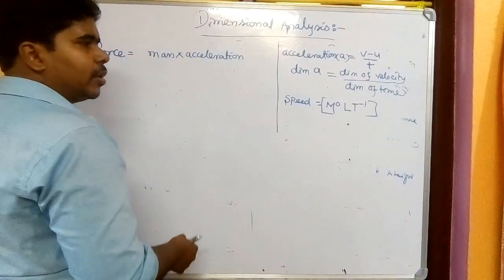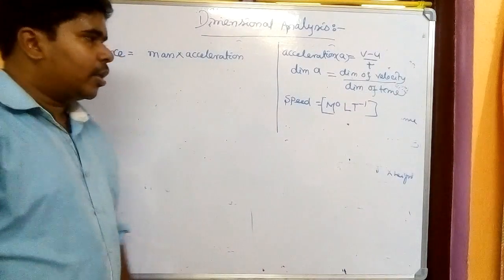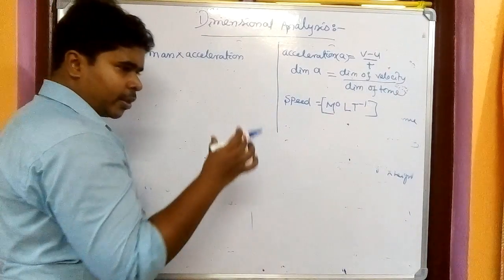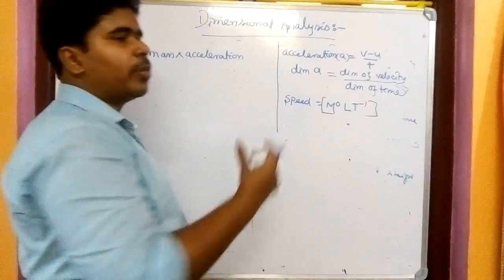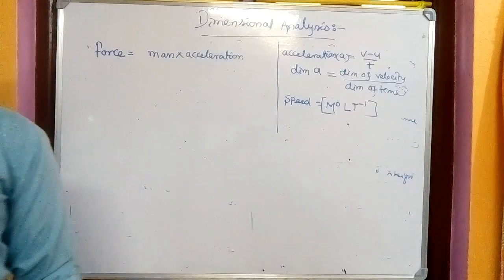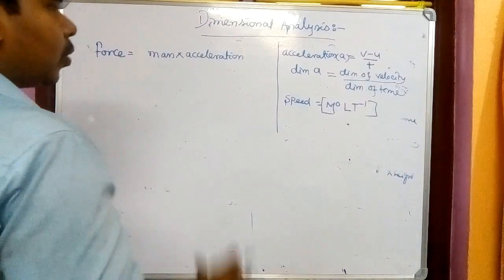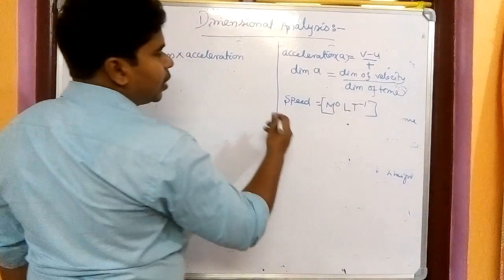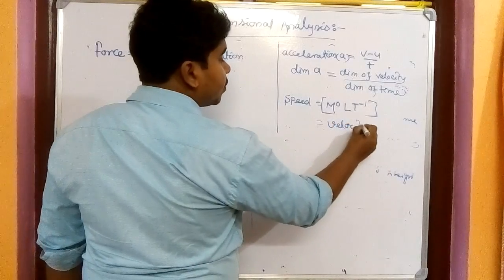Velocity and speed are dimensionally the same. Speed equals distance by time, velocity equals displacement by time. Both are length by time, nothing else. So whatever the dimension of speed, that will be the dimension of velocity.